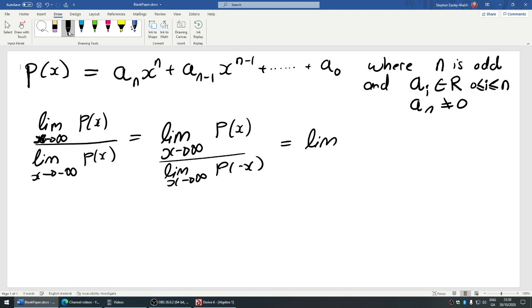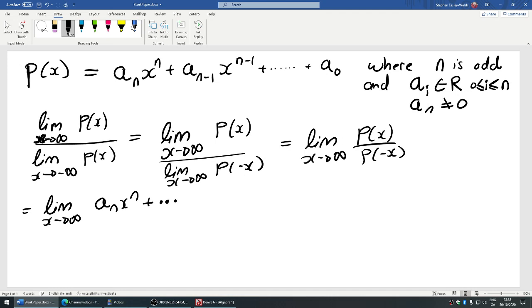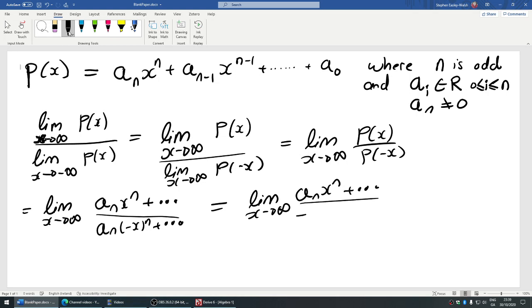That will equal the limit as x goes to infinity of p(x) over p(-x), which will equal the limit as x goes to infinity of a_n x^n plus etc etc etc all over a_n(-x)^n plus etc etc etc. That will equal the limit as x goes to infinity of a_n x^n plus etc all over minus a_n x^n plus etc. This is because n is odd.